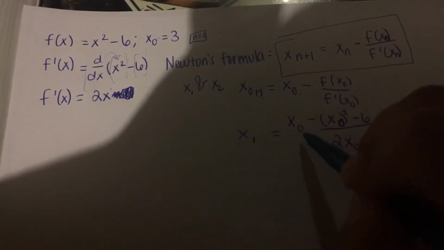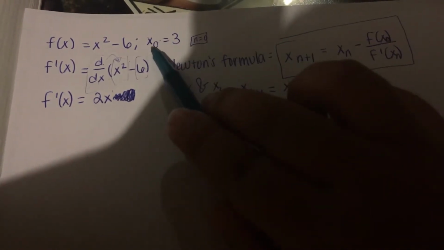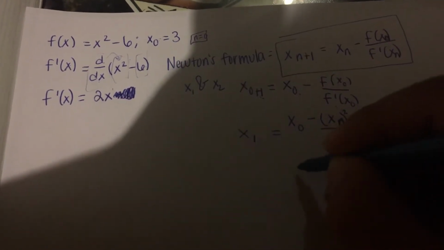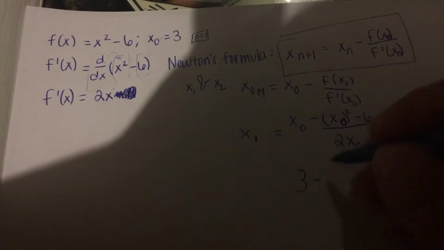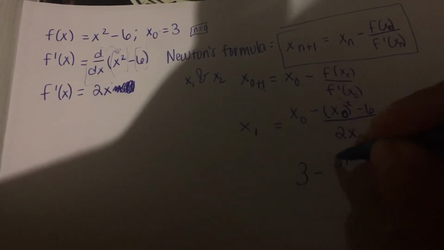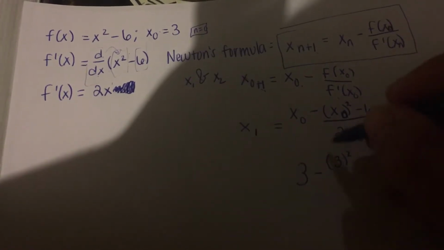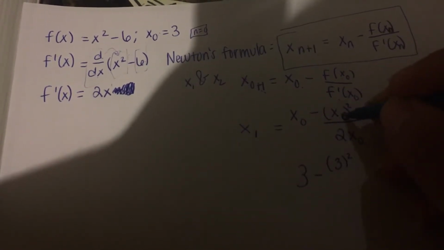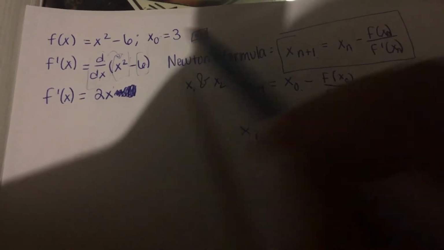X sub 1 is equal to x sub 0. Well, we know what x sub 0 is, which is a 3, minus 3 squared minus 6 over 2 x sub 0 again. So the reason why I put 3 here is because we already know what x sub 0 is. It's 3, because it's given to us.